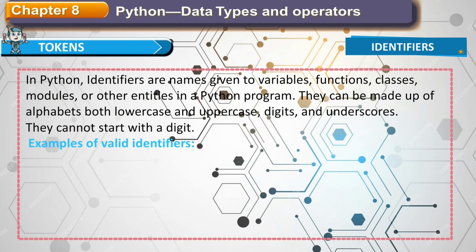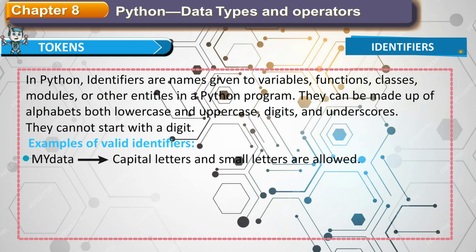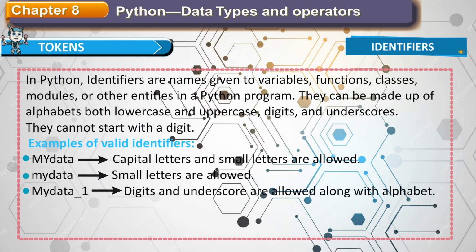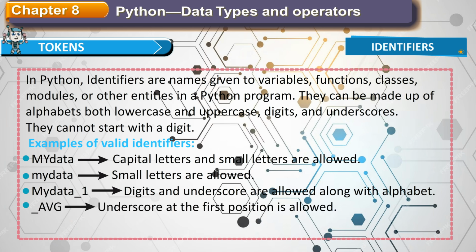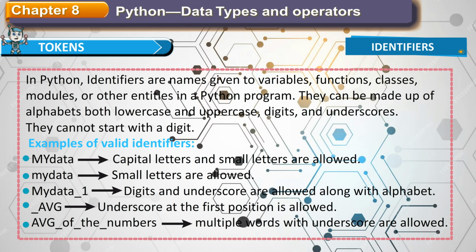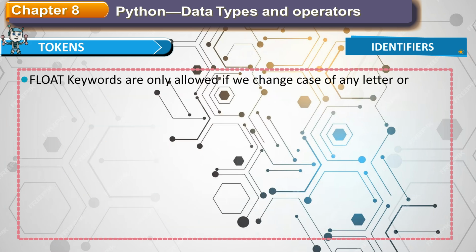Examples of valid identifiers: MyData, capital and small letters are allowed; mydata, small letters are allowed; mydata_1, digits and underscore are allowed along with alphabet; _avg, underscore at the first position is allowed; avg_of_numbers, multiple words with underscore are allowed; Float, keywords are only allowed if we change the case of any letter or the complete word.